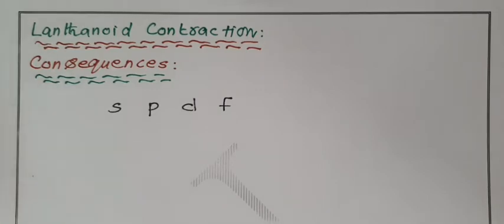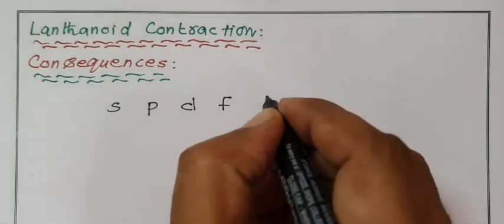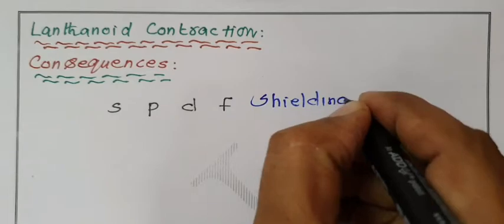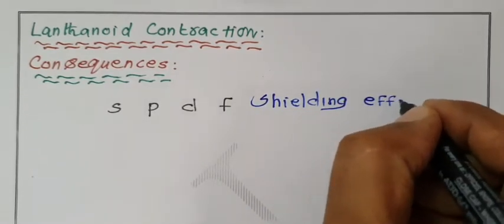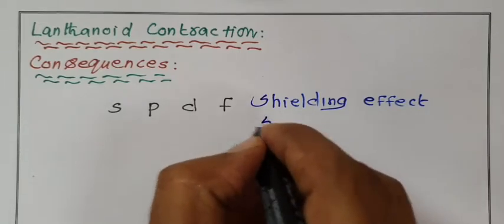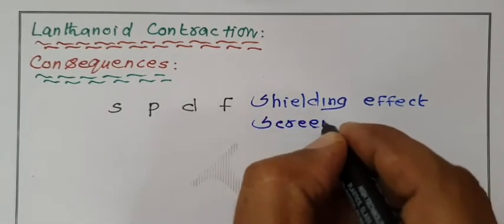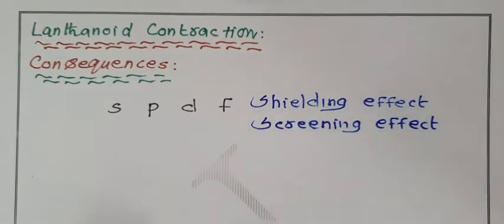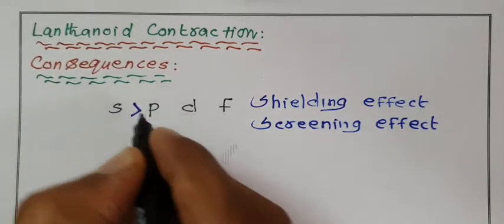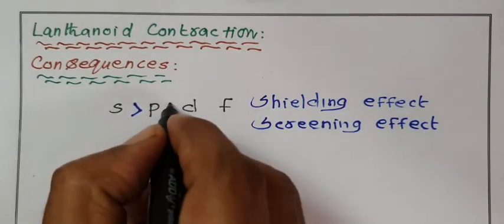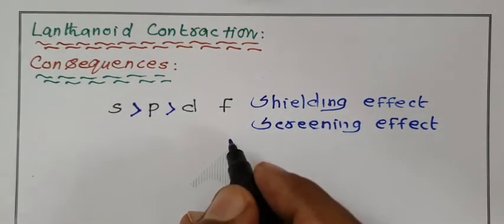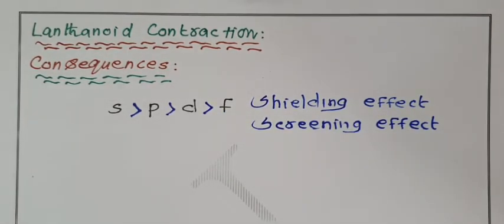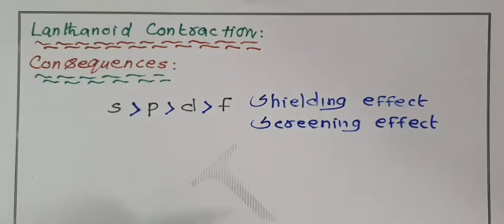When we compare the shielding effect, also called screening effect, the s orbital has more screening effect than the p orbital, which has more screening or shielding effect than the d orbital, and the screening effect of the d orbital is very much greater than the f orbital.